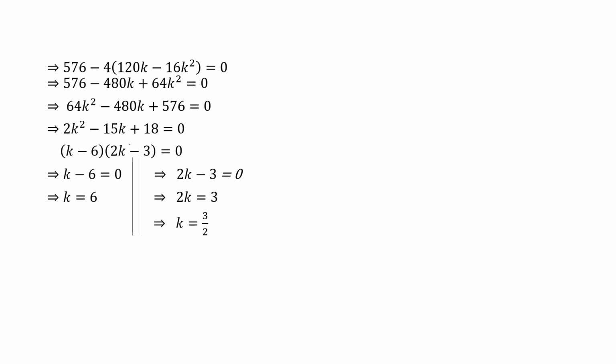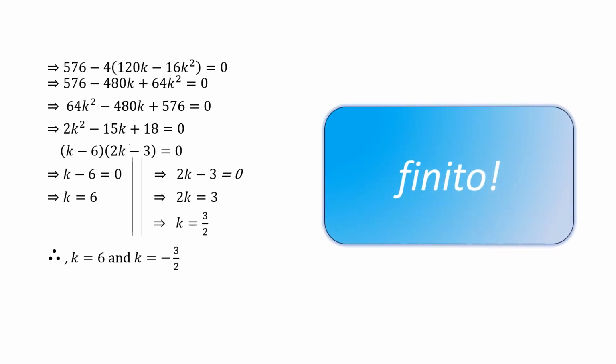You divide both sides by 2, so you get 3 over 2. Therefore, k is equal to 6 or k is equal to 3 over 2. These are the possible values of k for the equation to have equal roots. Finito. Come to an end.